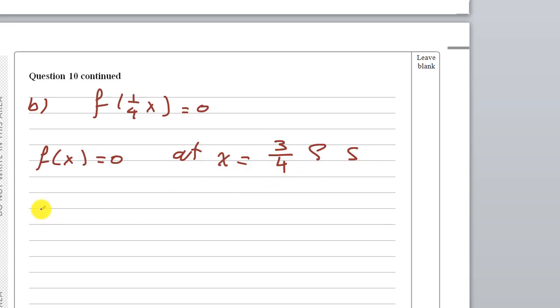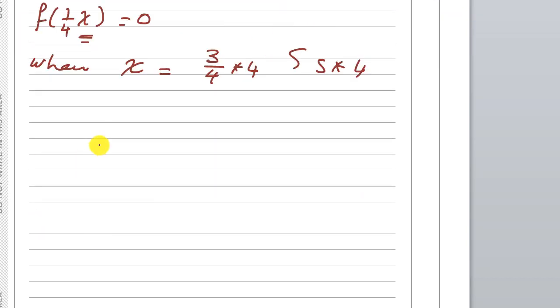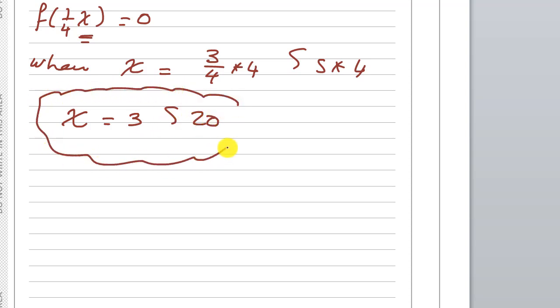So f of 1 over 4 x equal to 0 when x equal to 3 over 4 multiplied by 4 and 5 multiplied by 4. We multiply each x by 4. So x is equal to 3 and 20. And this is the answer of this part, 3 and 20.